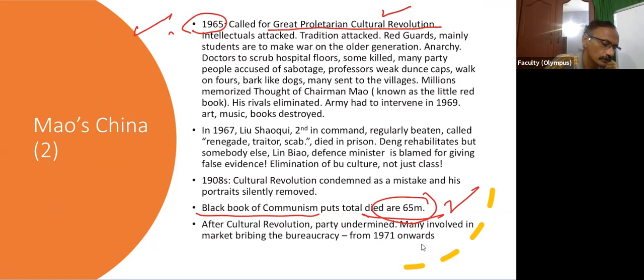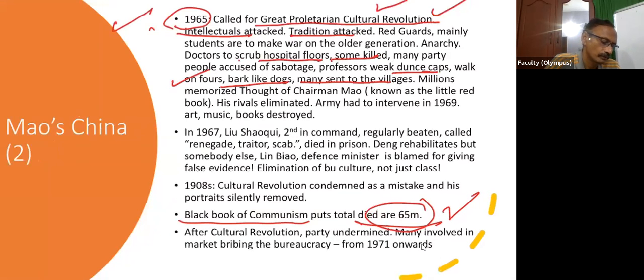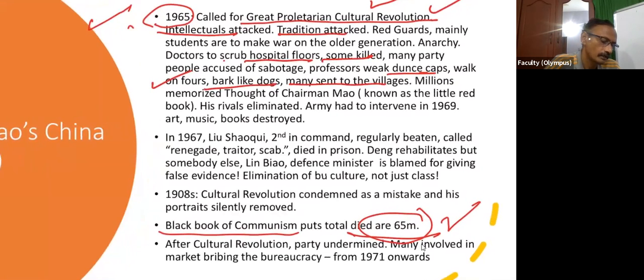So he was for a proletarian cultural revolution. In this, tradition was attacked, intellectuals were attacked, doctors were asked to scrub hospital floors, and some were killed. Professors wore dunce caps, walked on floors, barked like dogs, and many were sent to the villages. Red Guards, mainly consisting of students, were created. They were asked to make war on the older generation.